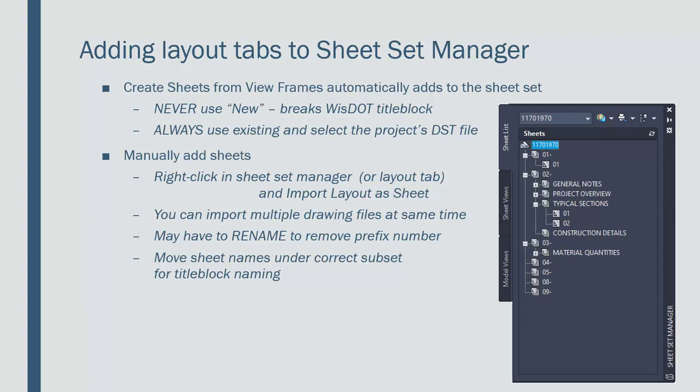It'll add it down below the 09 sheet, and you'll need to move them up into the correct subset. You want the subset name in there. Notice I've got a general notes, project overview, typical sections, and then I've moved the sheets up under typical sections. That's important for the title block area there, that you have them under the properly named subset and their location there. So two things that you need to be aware of.